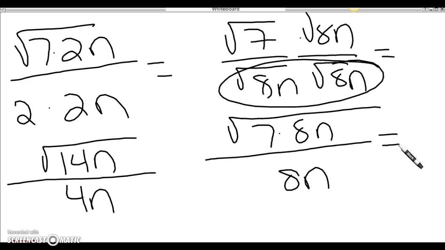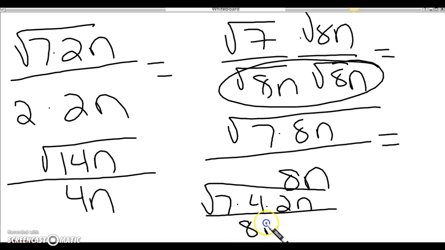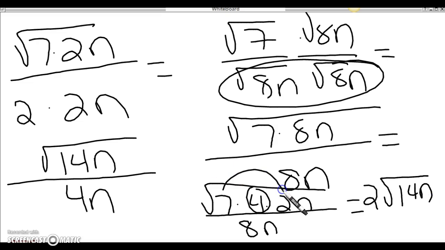I have to simplify this, so that turns into 7 times 4 times 2n all over 8n. I can take the square root of that 4, and that gives me 2 square root 14n. I'm just multiplying the 7 times the 2n all over 8n. I still have to reduce, but I've run out of space.